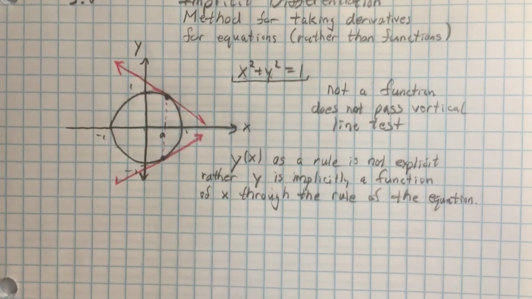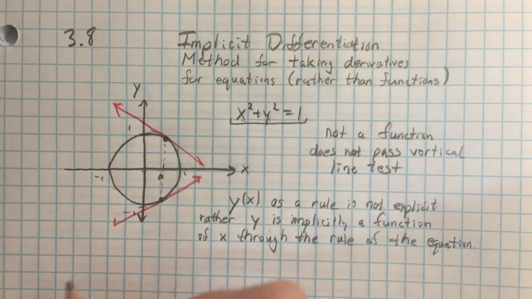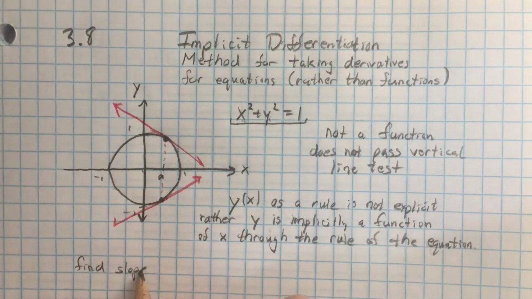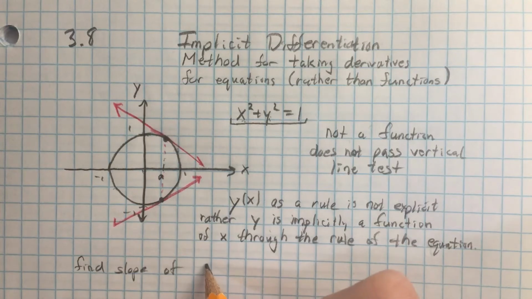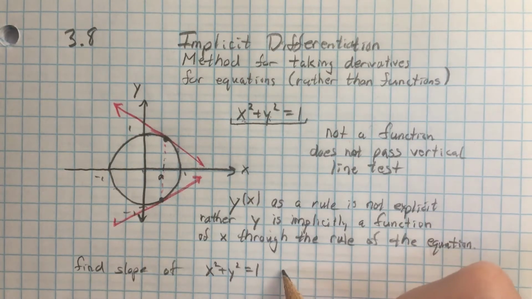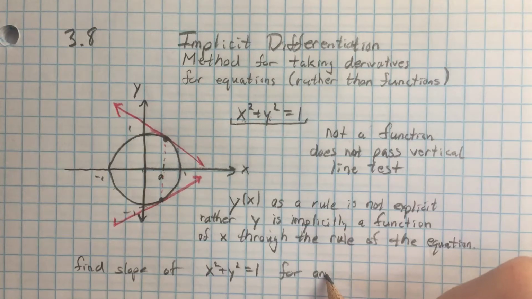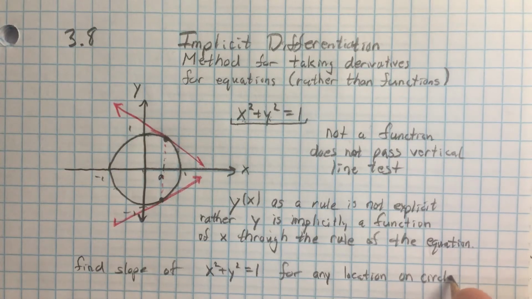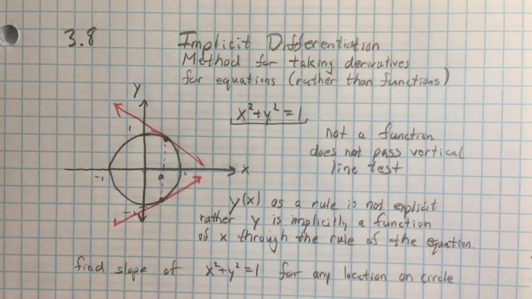So this problem of finding the derivative, find the slope of x squared plus y squared equals 1 for any location on the curve, has two basic approaches, right?